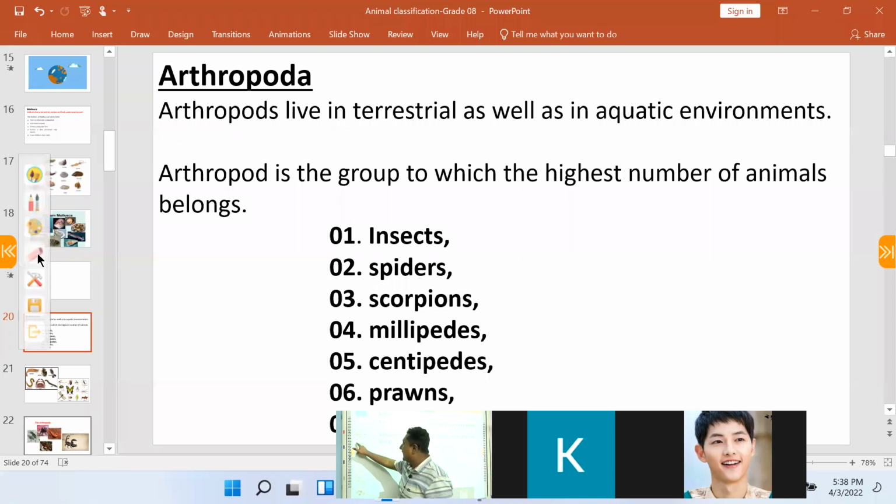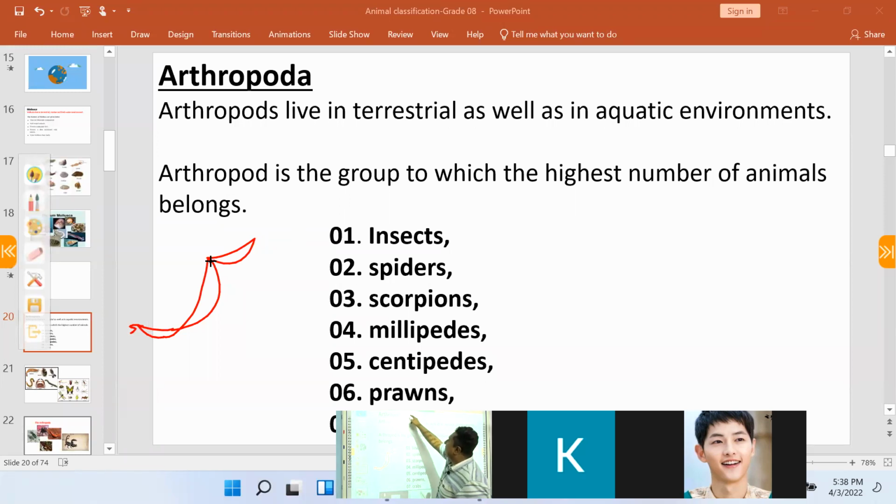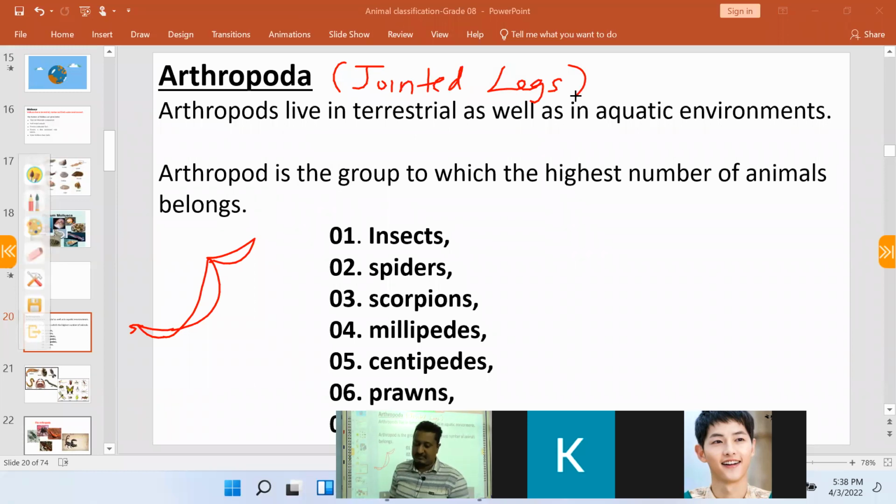The legs have been jointed. Remember joints, kakullo. That's why they are known as arthropods.